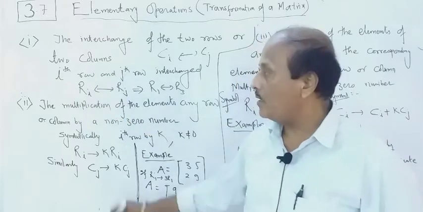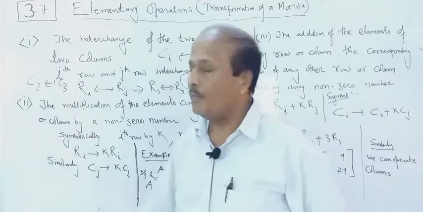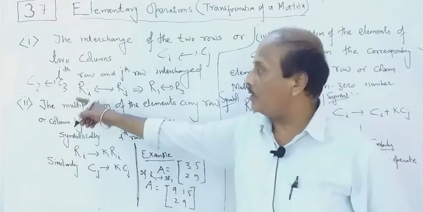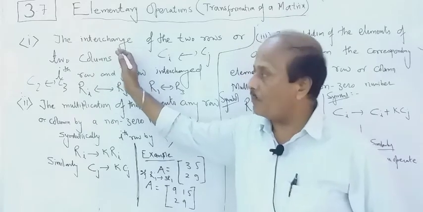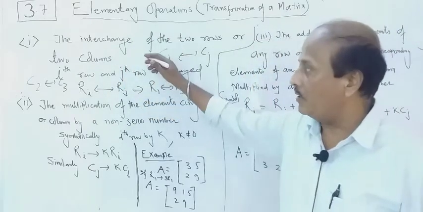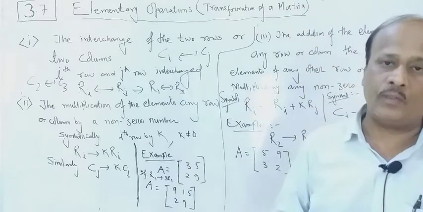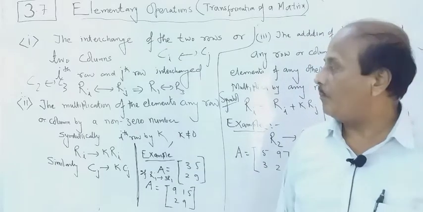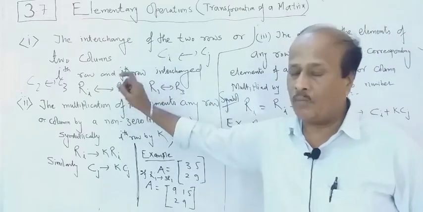If I write C2 interchange C3, it means the second column will be interchanged with the third column and vice versa. So the first elementary operation is operation number 1. We can interchange a row with a row, a column with a column as per the need, but no need of writing that complete statement, utilize this symbol.